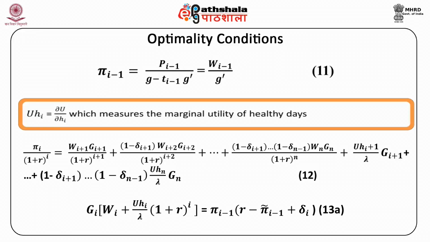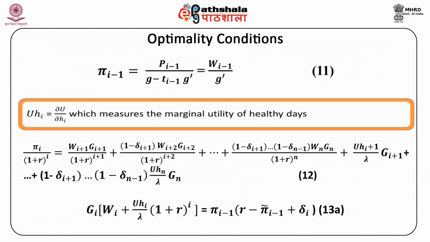Here pi i minus 1 delta is the percentage rate of change in marginal cost. This equation describes the condition for demand for capital goods in a perfect market where value of marginal product of optimal health stock at any point in time is equal to supply price of capital.